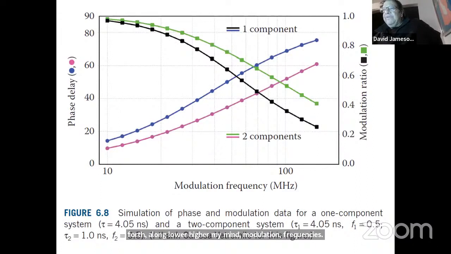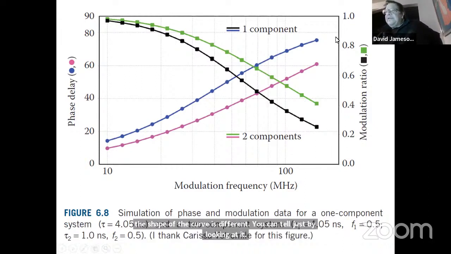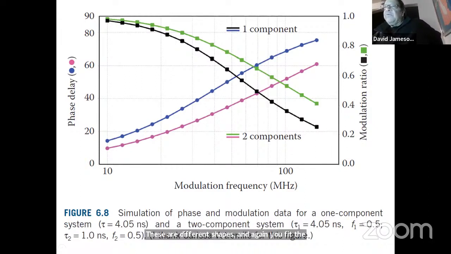Here in the black, we see 4 nanoseconds, and then in the red and the green, we have a mixture of 50% 4 nanoseconds and a 50% fractional intensity 1 nanosecond. And you see the shape of the curve is different. You can tell just by looking at it, these are different shapes. And again, you fit the data to see what's the best fit, whether it's one component, two components, or more, or a different type of decay.